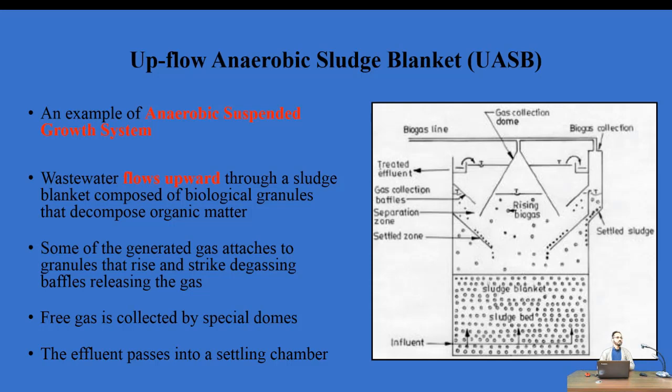Some of the generated gas attaches to the granules that rise and strike degassing baffles, releasing the gas produced in this kind of process. Free gas is collected by special domes. The effluent passes into a settling chamber.